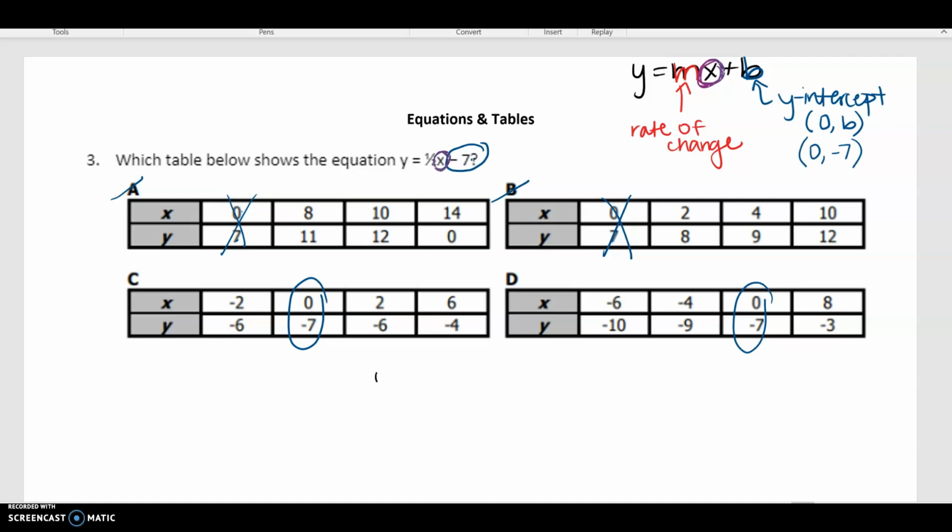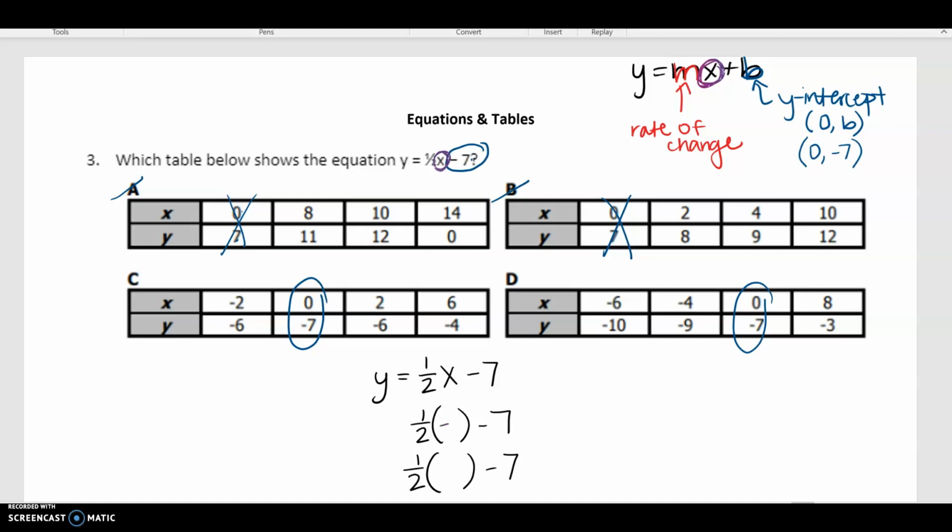So each time I have this equation, y equals 1/2 x minus 7. So 1/2 whatever it is minus 7. 1/2 something minus 7, okay? So I'm going to plug in an x value.